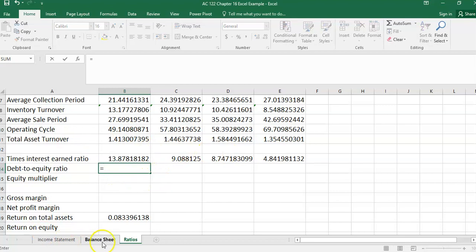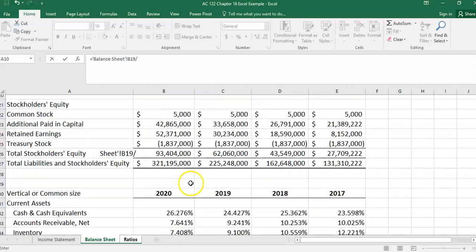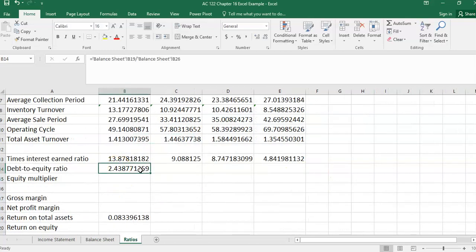So for this calculation, we take total liabilities divided by total stockholders' equity. So we can see here that we've improved our debt to equity ratio, but we still are carrying $2.40 in debt for every dollar that we have in equity.